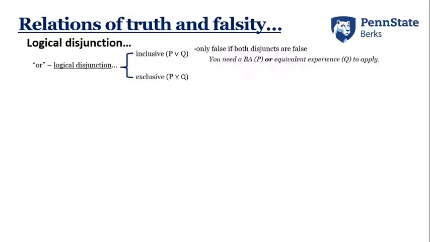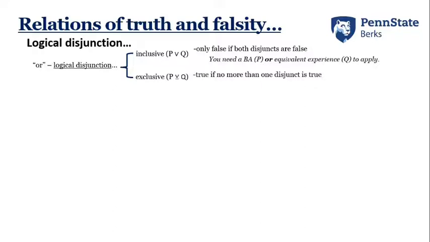If you have the second one, you don't need the first one. So this is an inclusive, what we'd call P, and that V is the logic symbol for or. This is P or Q. And it's only false if both of them are false. All right, so you cannot apply if you have neither a BA nor the equivalent experience.